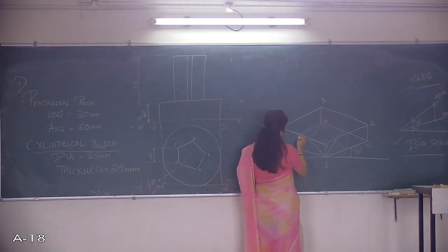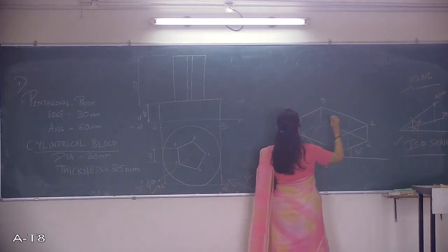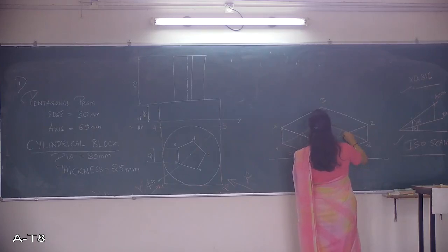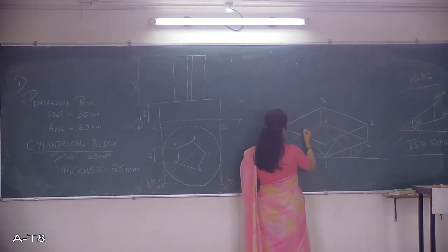Find the midpoint of 1 and 4, find the midpoint of 4 and 3, find the midpoint of 3 and 2, and the midpoint of 2 and 1, so that you can get the center again.